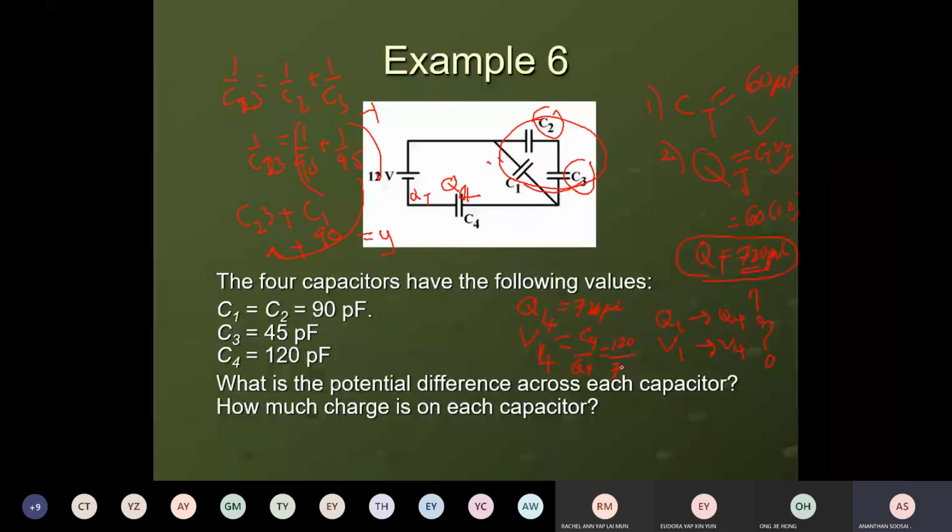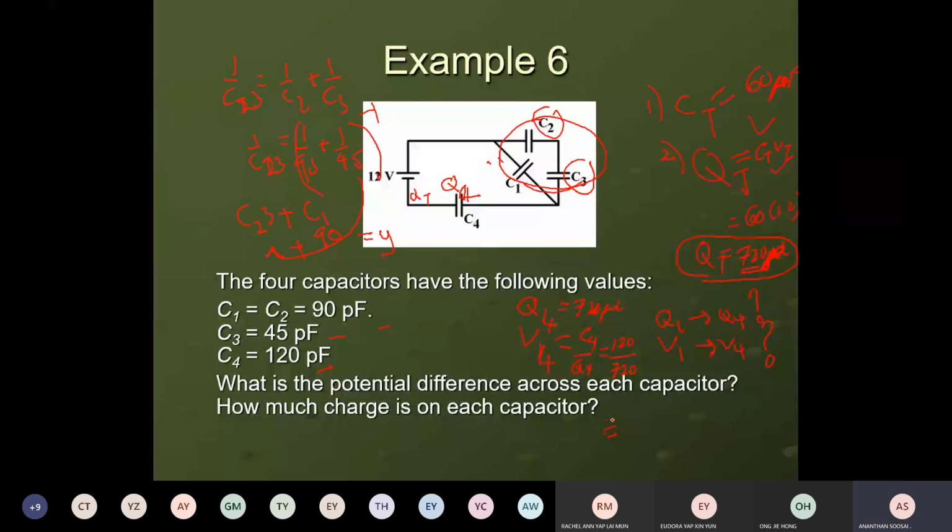Okay, class, another mistake I've made: it is not 60 microfarad, it should be 60 picofarad, because all are pico here. So the charge should also be picocoulomb. So this is 120 divided by 720 gives you the voltage.